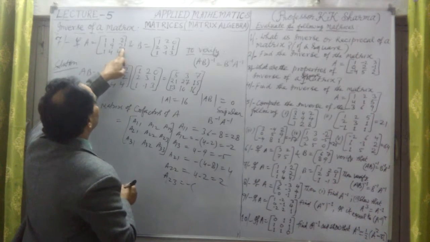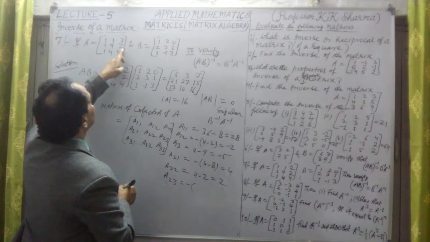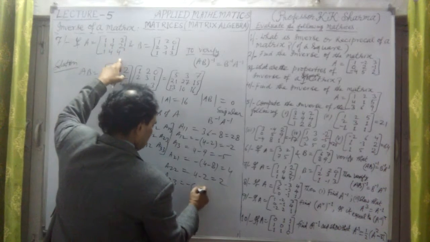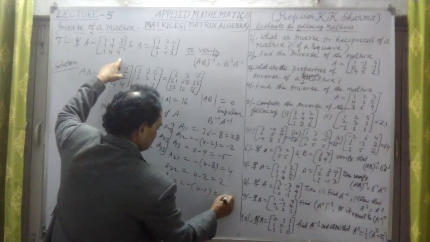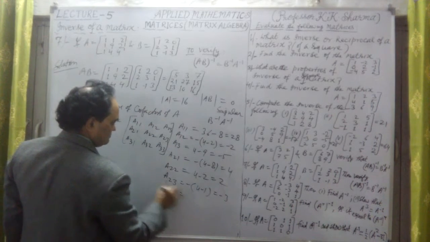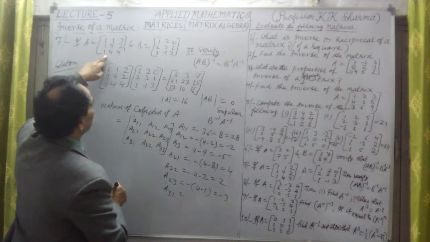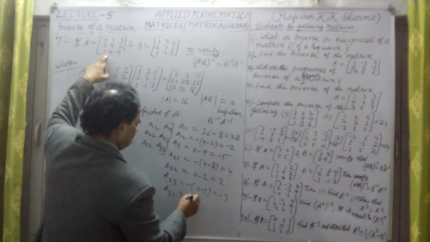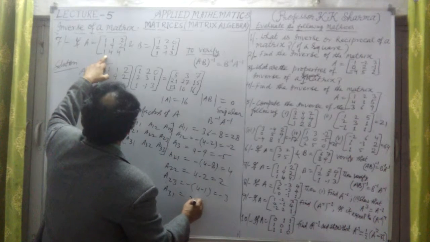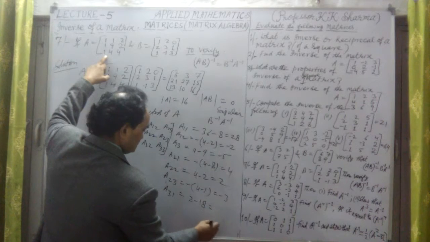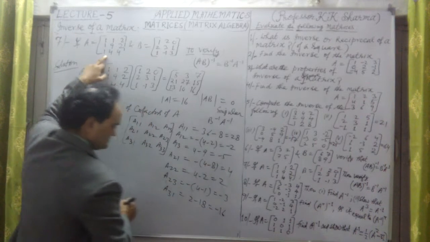For 2 here we have calculated this and this, 4 minus 1, that means minus 3. Then A31, for 1, it is 2 minus 18, it is positive, so it is minus 16.